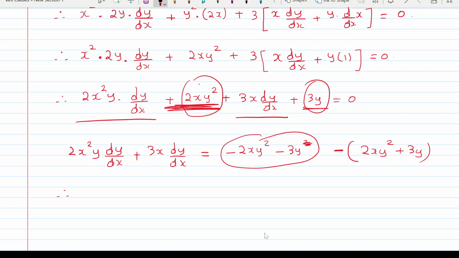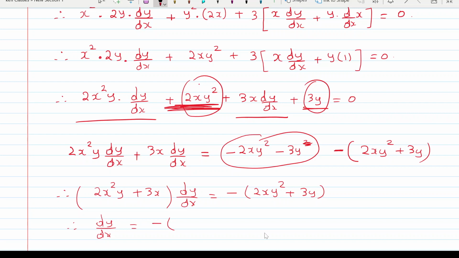Now here take dy by dx common. So you'll have 2x square y plus 3x into dy by dx is equal to minus of 2xy square plus 3y, and therefore dy by dx is equal to minus of 2xy square plus 3y divided by 2x square y plus 3x, and that completes the problem.